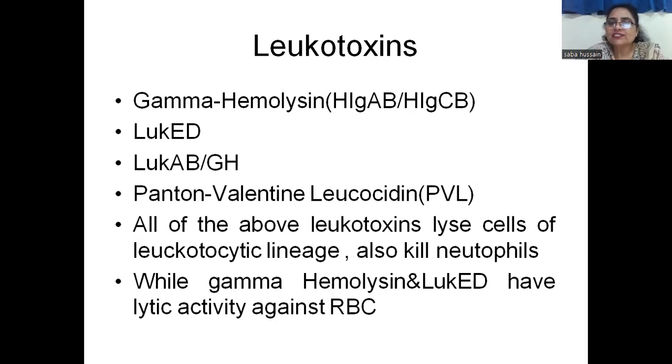Then leucotoxins are of 4 types: gamma hemolysin, Leuc-ED, Leuc-AB or GH, and Panton-Valentine leucocidin. PVL is the most commonly known toxin. All of these toxins create pores in the leukocytes and in cells of the leukocytic lineage. They kill neutrophils also, while gamma hemolysin and Leuc-ED have lytic activity against RBCs also.